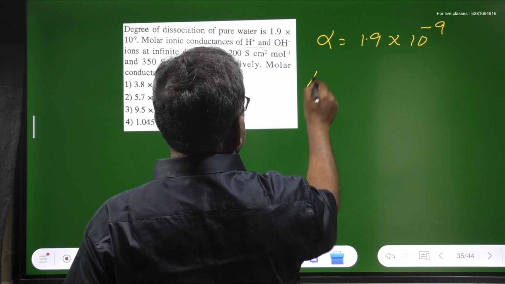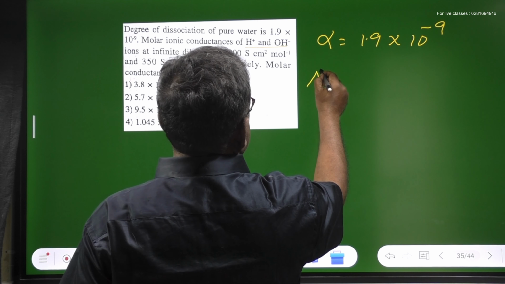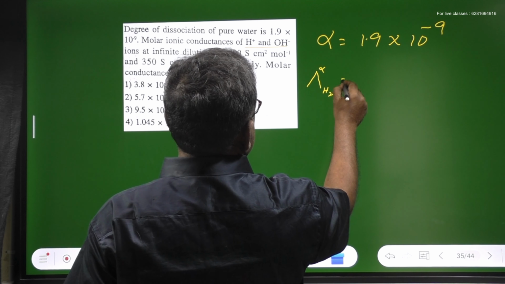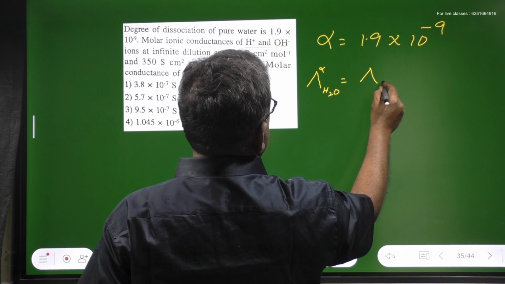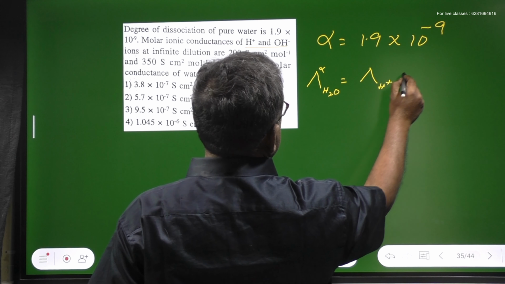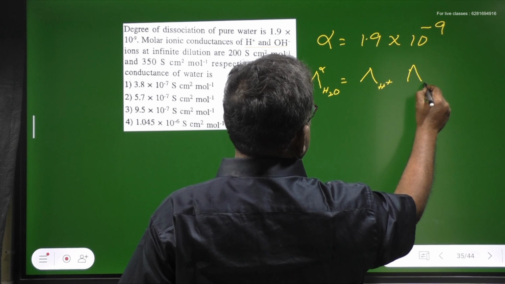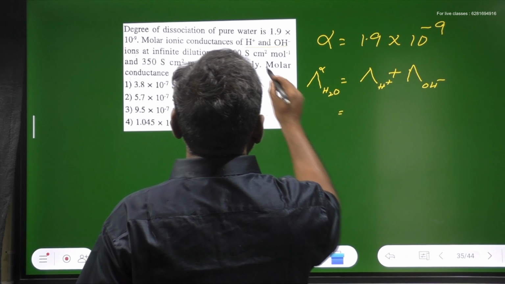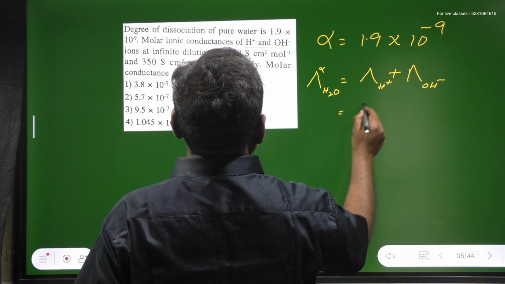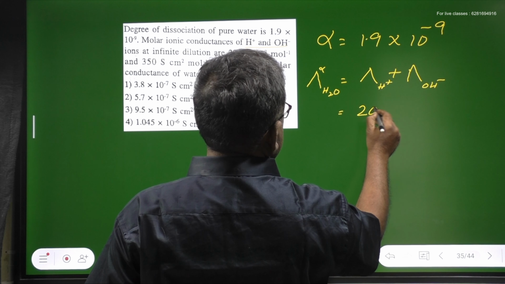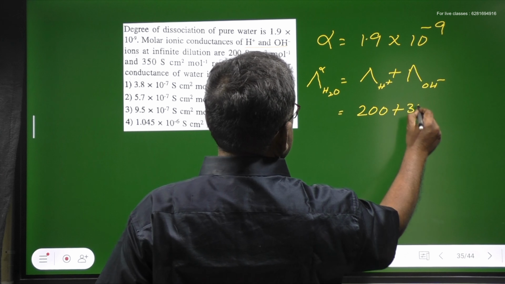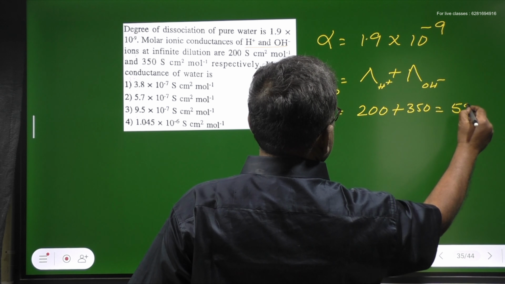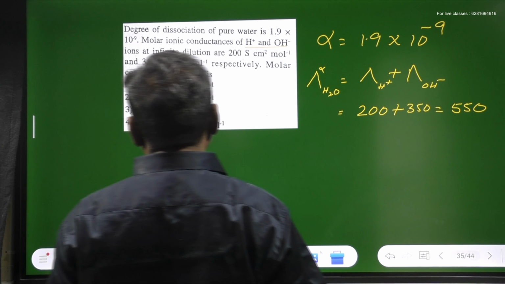So molar conductivity at infinite dilution of H2O is equal to limiting molar conductivity of H+ ions plus limiting molar conductivity of OH- ions. So this will be 200 plus 350. This will be 550.